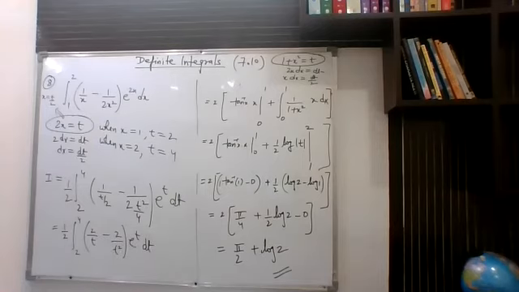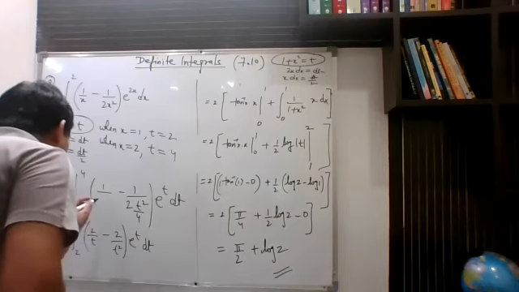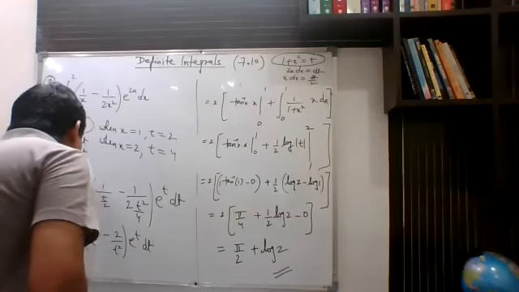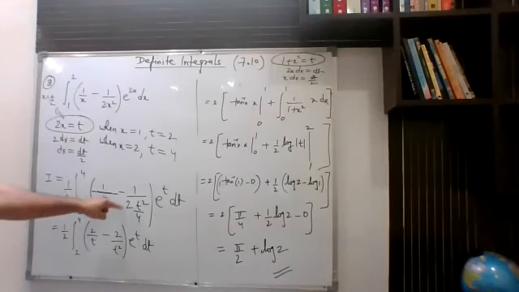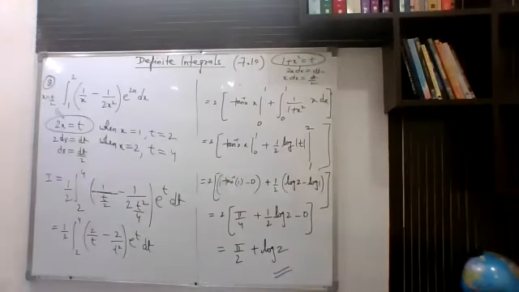After calculations, this is what I get, because I can write t upon 2 as 2 by t, and this 2 and 2 will cancel out, so this will become 2 upon t². Now what you can do is take this 2 outside and cancel it with this 1 by 2. So we can see the changed form of this question.